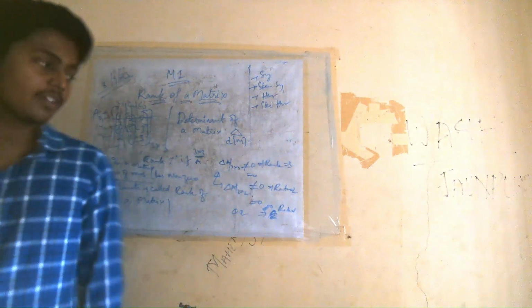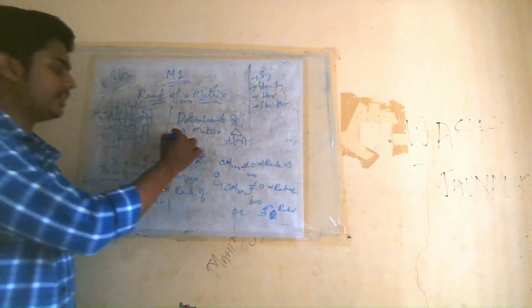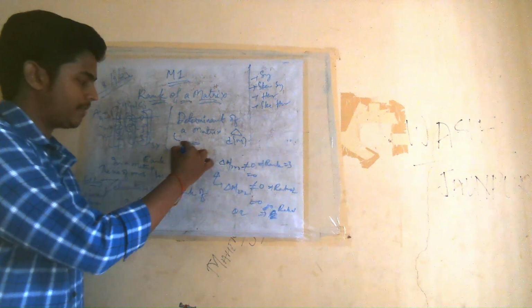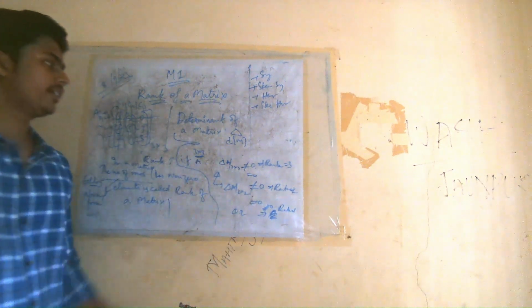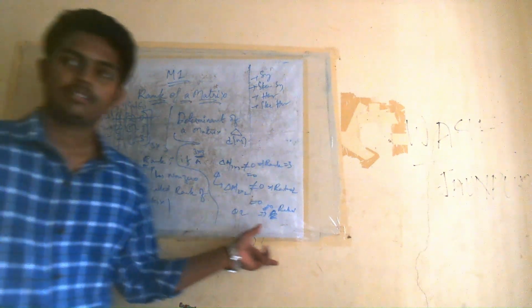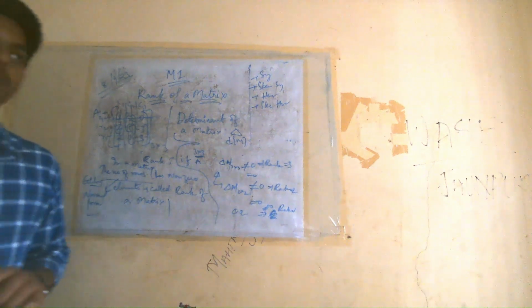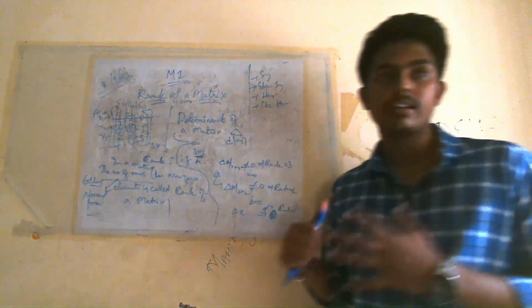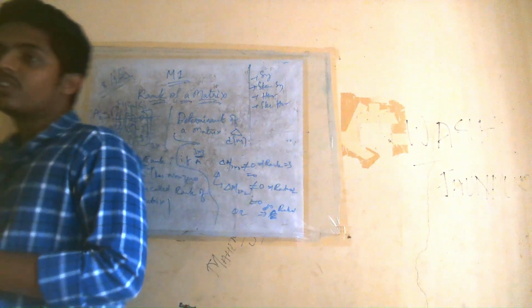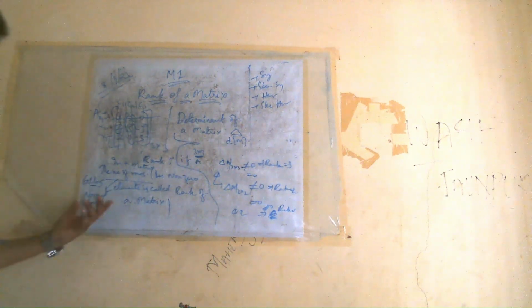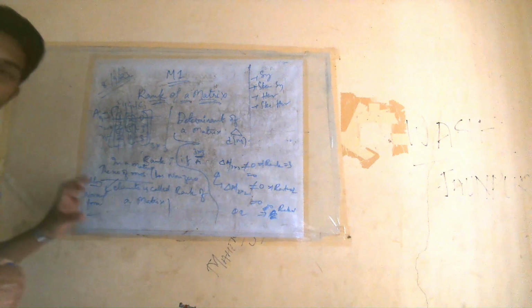So as of now, one thing is to determine the determinant value and check the rank of a matrix, and the other thing is to know whether the number of non-zero rows is 3, 2 or 1, and get the rank of the matrix by converting it into echelon form or normal form. These two forms I will be telling later.